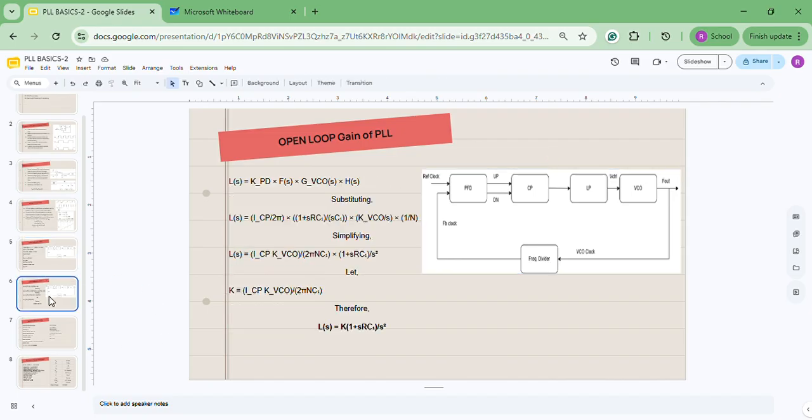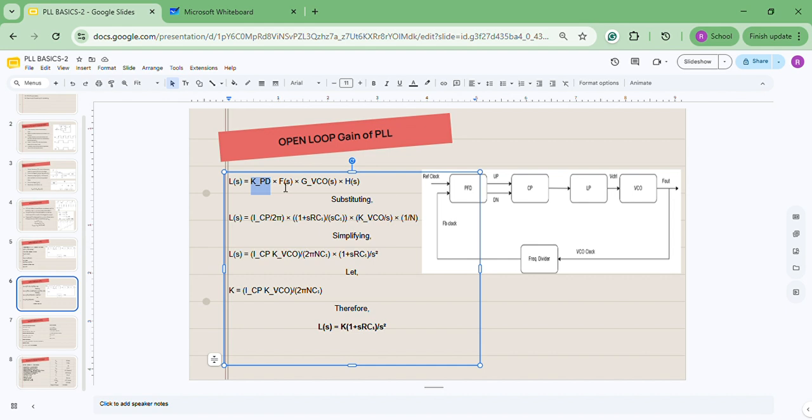So when we substitute all these, KPFD plus charge pump, then loop filter, then KVCO, then frequency divider, and assume the constant terms as k, you'll get a second order open loop transfer function of the PLL.